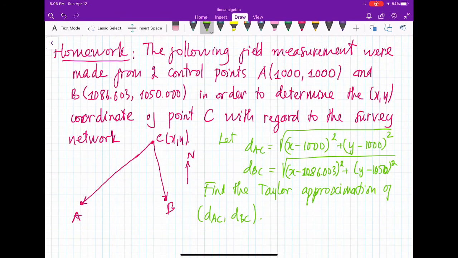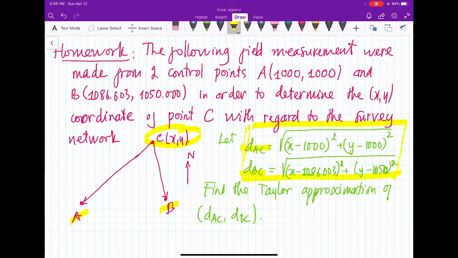But finally, I have a homework for you. Again, in this homework, we consider some survey network. We have two control points, A and B, okay? And you measure the distance from C to A and C to B. The distance can be found using the following formula. We know that formula when we study vectors and distance between two vectors.